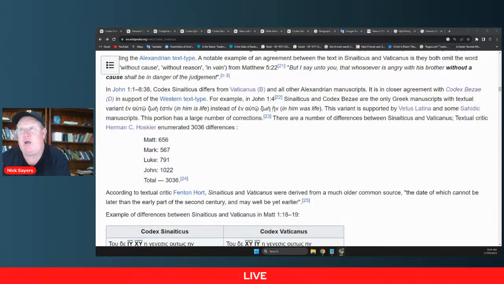That's how I view Vaticanus and Sinaiticus. But some people view Vaticanus and Sinaiticus as the best ever, and they put them together and say, see, if you put them together, it's the Word of God. But to me, it's just like Codex Bezae, which is corrupt. They view Codex Bezae as corrupt and shun it.